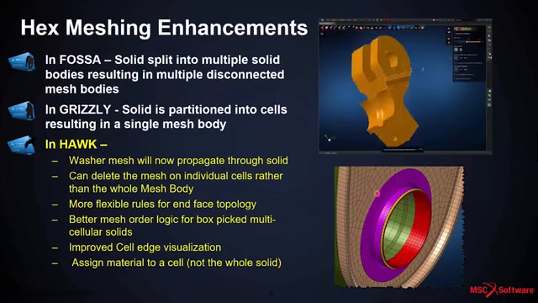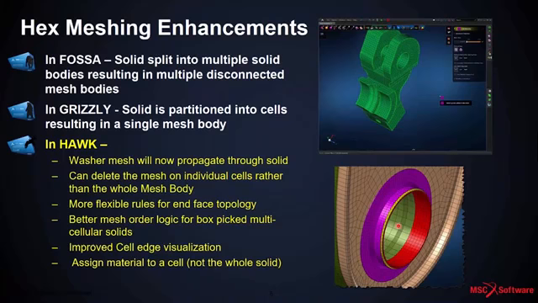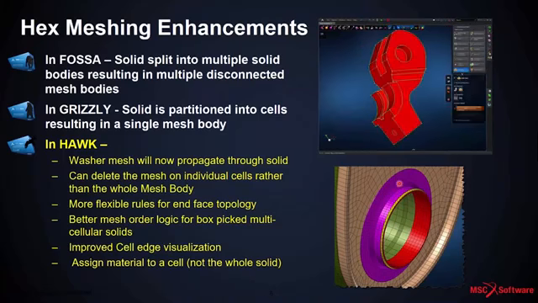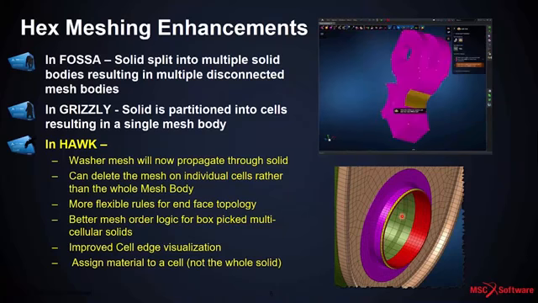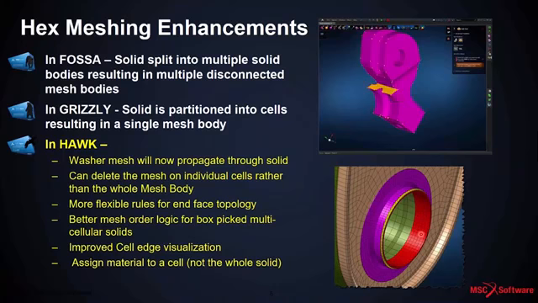Here is an example of a muffler system in which the tube is welded to the baffle wall, and the yellow region is represented by the weld. The red and the green is a tube, where the green is the shell mesh and the red is the hex mesh.